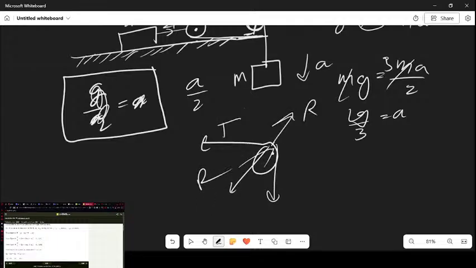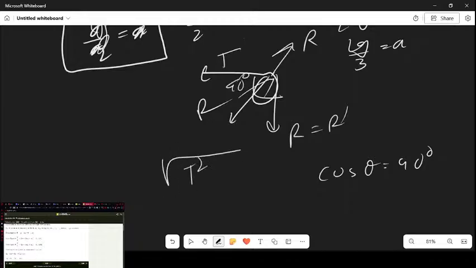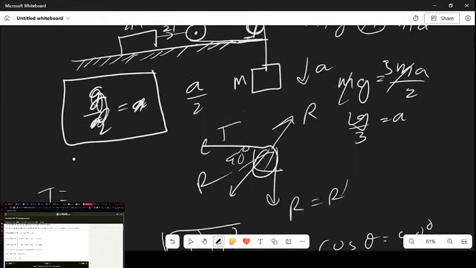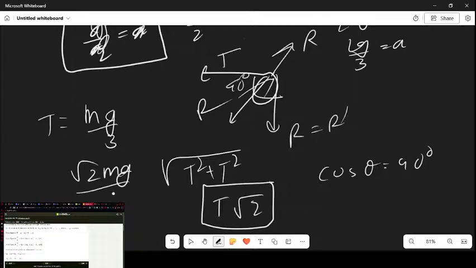The angle between the two vectors is 90 degrees, so cos theta is zero, and the resultant is the square root of T squared plus T squared, which is root 2 T. Tension will be equal to 3mg by 4, so the resultant is root 2 mg by 3.